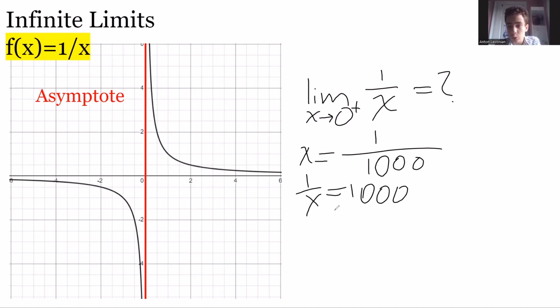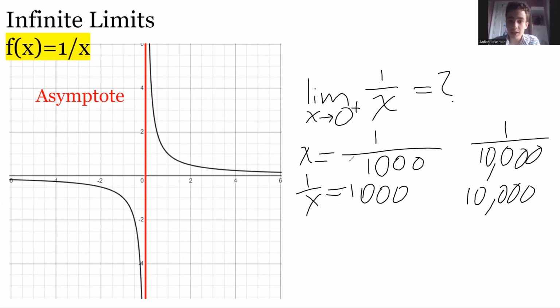However, if x is equal to 1/10,000th, then the reciprocal is 10,000. So we see that as x gets smaller and smaller in magnitude, or closer and closer to 0 from the right, 1 over x becomes bigger and bigger, and so this limit approaches infinity. That's actually a very important concept in calculus.